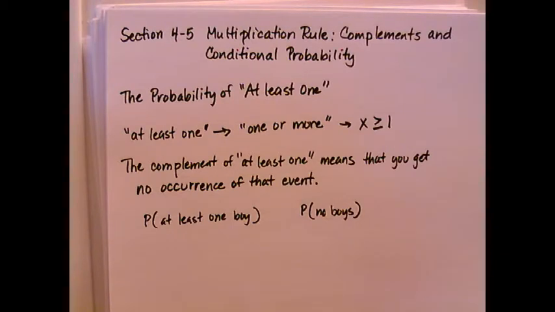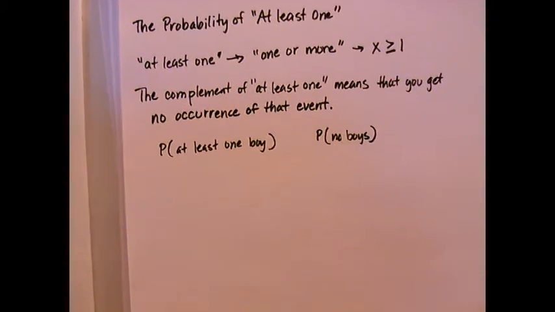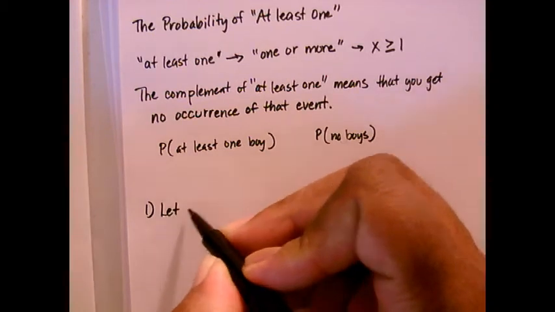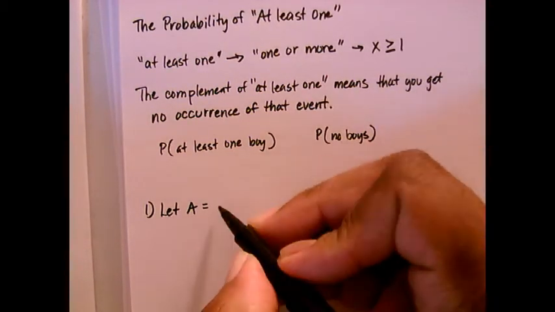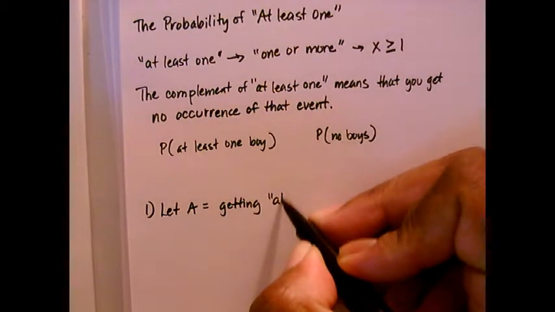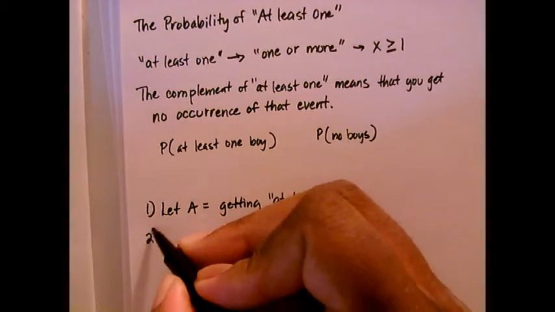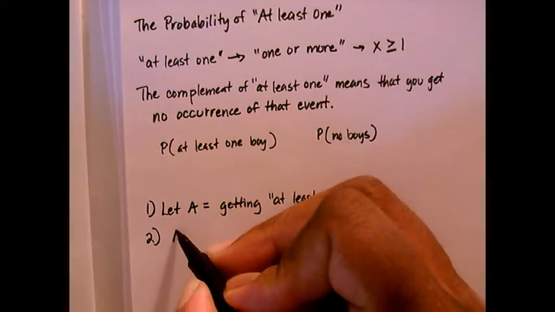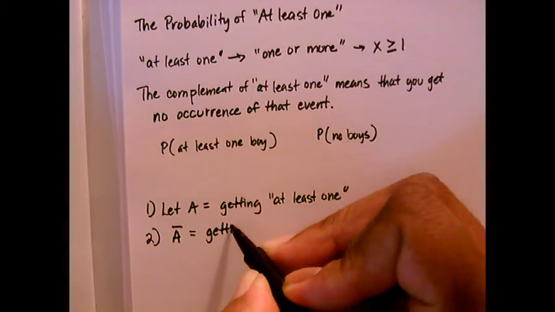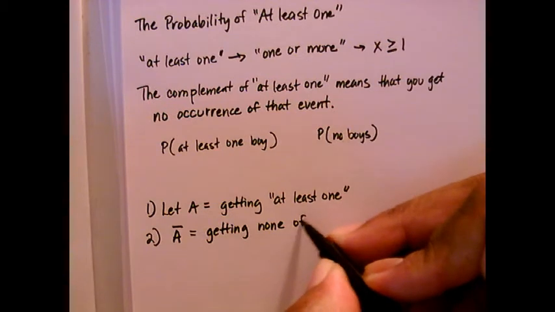Okay? So here's the procedure for finding the probability of at least one of some event. Okay, this is what you need to do here. You have to let A represent getting at least one. And then second, a complement will mean getting none of the event.